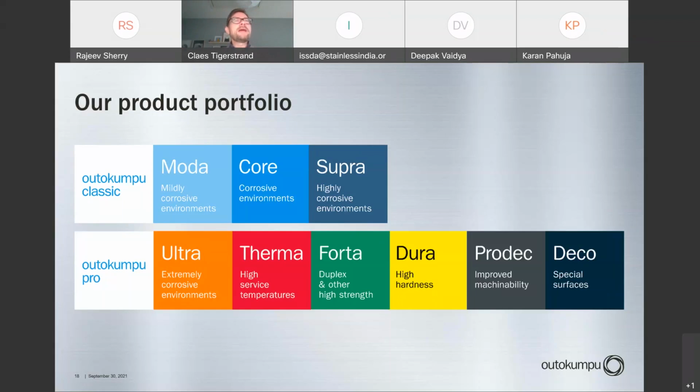Then we have the special grades Therma, where you have high service temperature, when you're above 550 degrees C. Then we have the Forta, where you need the highest possible strength, but also in combination with good corrosion resistance. And then we have the Dura, where you need highest hardness, the highest wear resistance. And then we have Machina to improve machinability, and Deco when you're in need of special surfaces.